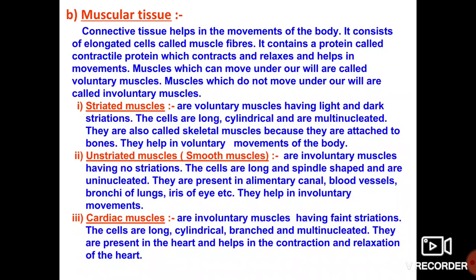This lub dub sound is produced because of the contraction and relaxation of the heart. Heart is made up of cardiac muscles, and these cardiac muscles play a major role in the contraction and relaxation of the heart. I hope you understand the different kinds of muscular tissues, that is skeletal muscles, smooth muscles, and cardiac muscles.